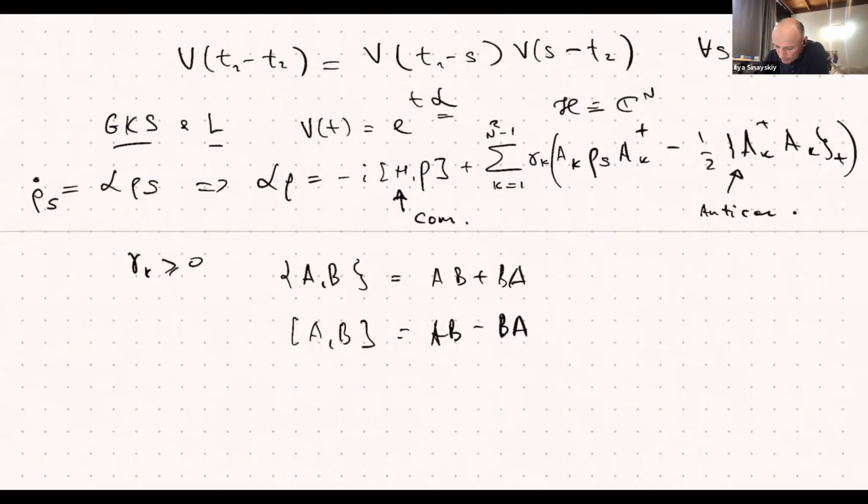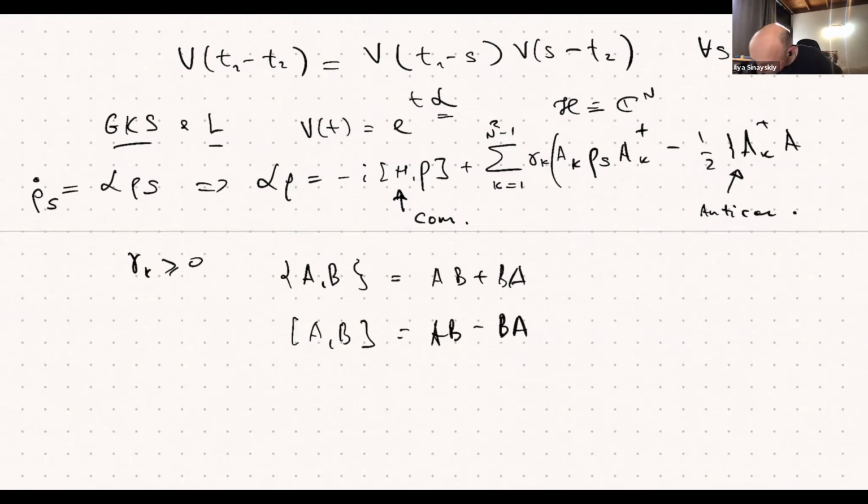Because here you not only apply an operation to an operator, that's why it's super, but you also get terms which you haven't seen previously in the Liouville von Neumann equation or in the Schrödinger equation. Your operator acts from both sides, and this is a very important part of this equation, because these are the so-called jump terms. These terms exactly describe what happens when the system is giving away or taking energy from the environment. Sorry, there is a typo.